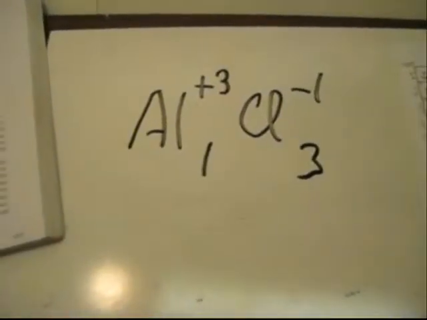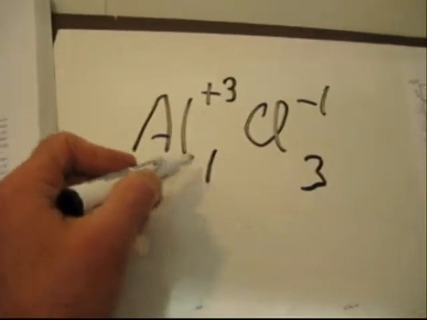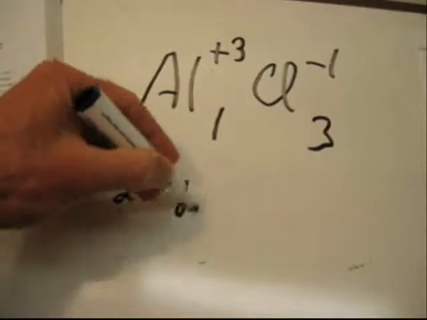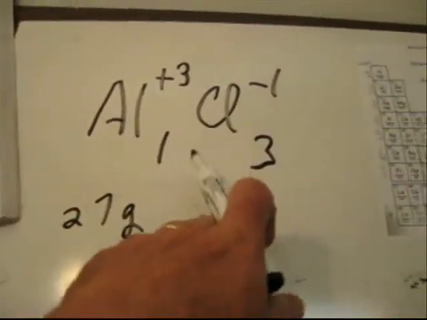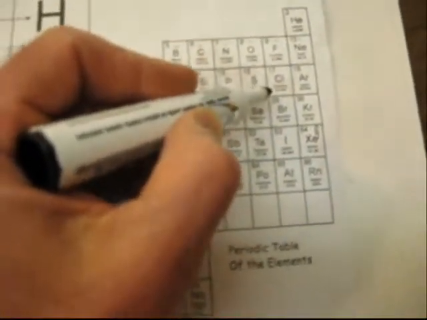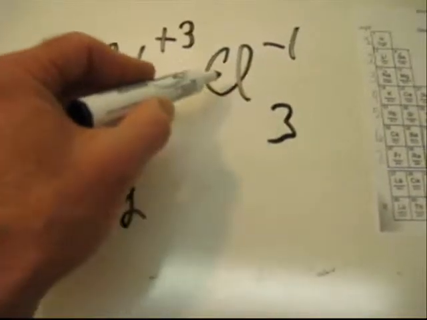So if we wanted to prepare or get enough of each set of atoms to create some aluminum chloride, instead of saying 1 atom of each, we can now say 1 mole of aluminum. So we need about 27 grams of aluminum. Then if we find chlorine on our chart, it's number 17, and the atomic mass is about 35 grams. We need 3 moles of chlorine.